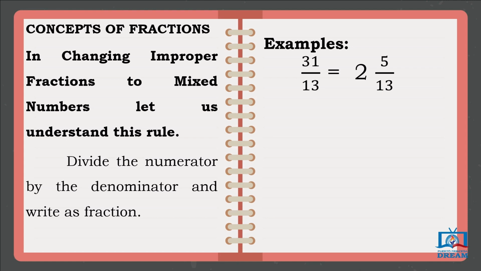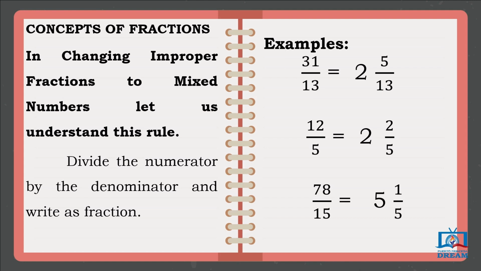That is, 31 divided by 13 is equal to 2 with a remainder of 5, which will become our numerator, divided by 13, which is our denominator. 12/5 is equal to 2 and 2/5. That means 12 divided by 5 is equal to 2 with a remainder of 2, which will become our numerator, over 5, which is our denominator.